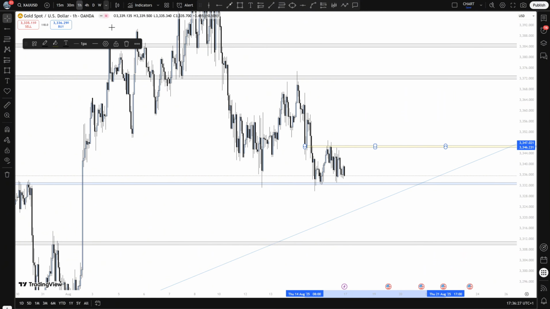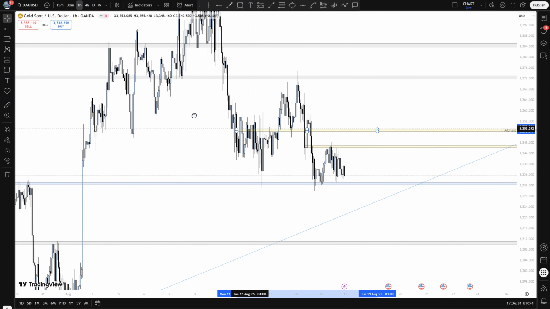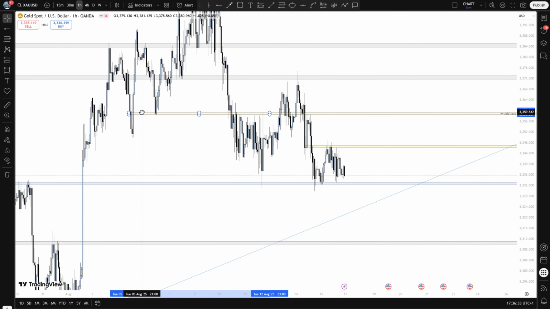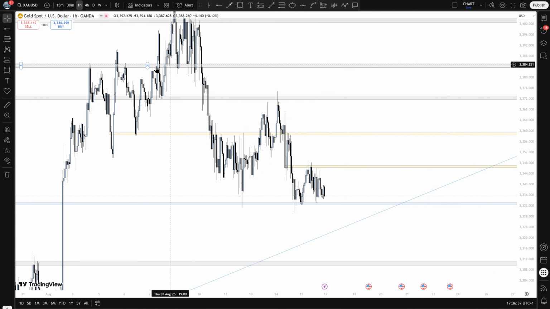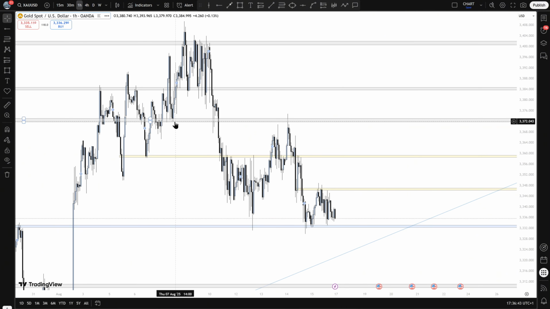Let me clone this level, just like this, right? And also reduce this one a little bit, and this one also, so that they won't start getting bigger and bigger whenever we scale down to the smaller time frame. All right, so this is it.